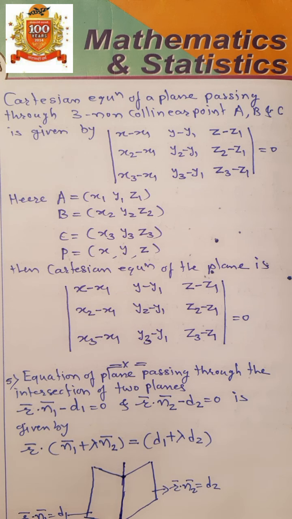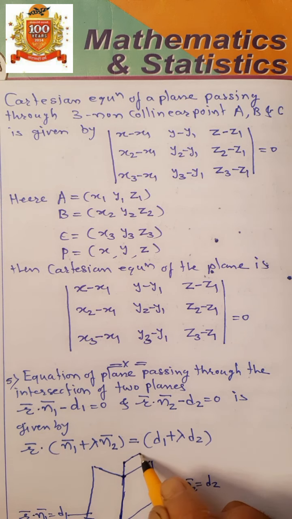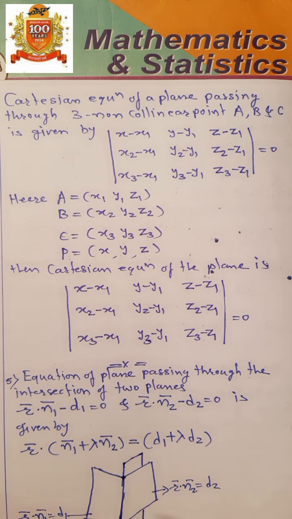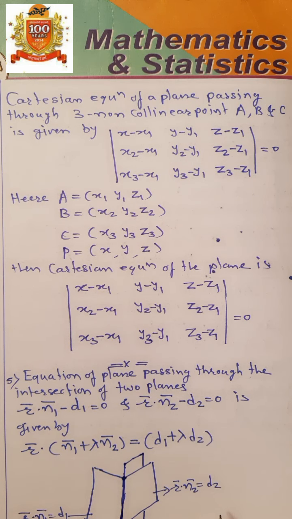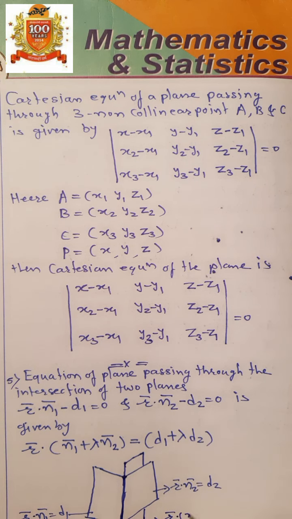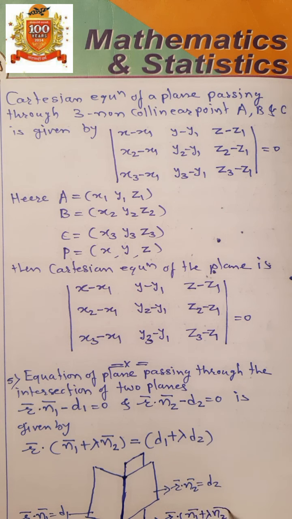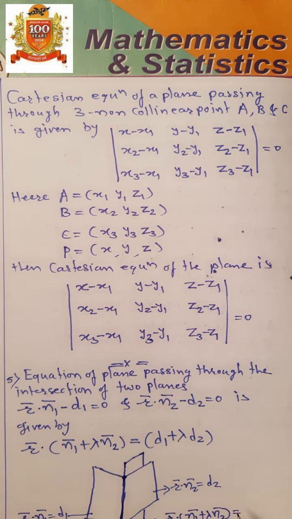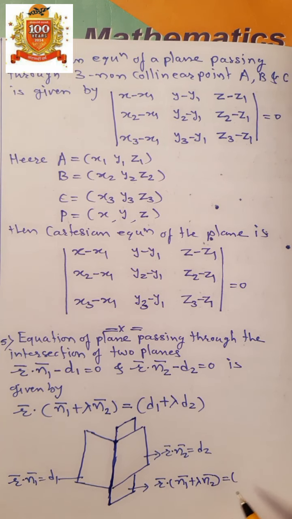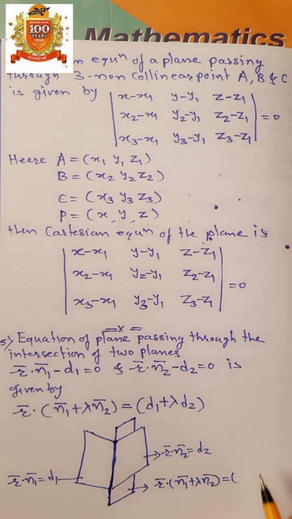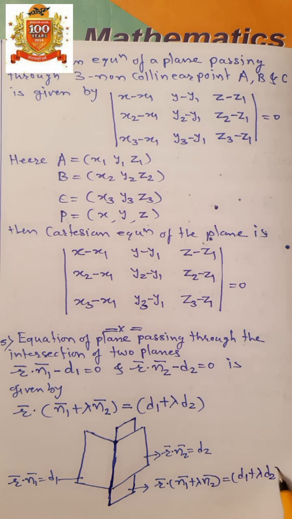This is our required plane which is passing through this intersection, and equation of this plane is r bar dot n1 bar plus lambda n2 bar is equal to d1 plus lambda d2.